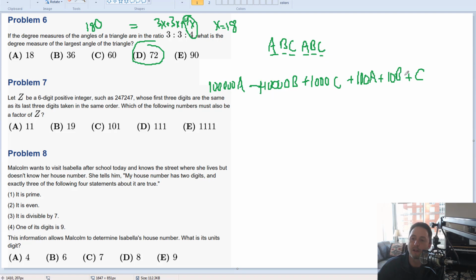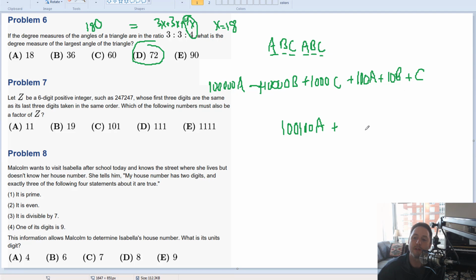Let's look at it here and see if we can figure out what is going on here. Well, how many A's do we have? We have 100,000 A's and 100 A's. So we have 100,100 A's. We have how many B's?